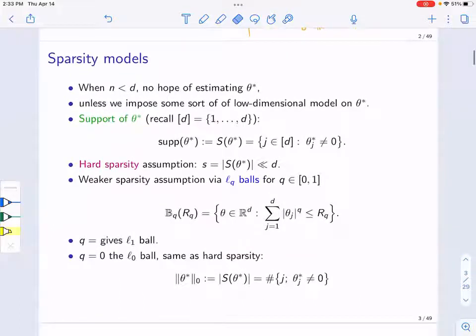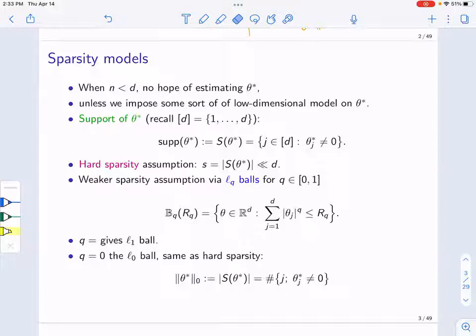But if you want to relax the assumption and allow more flexibility, you can say the entries are not zero, but a lot of them have to be small. One way to measure it is the so-called Lq ball constraint.